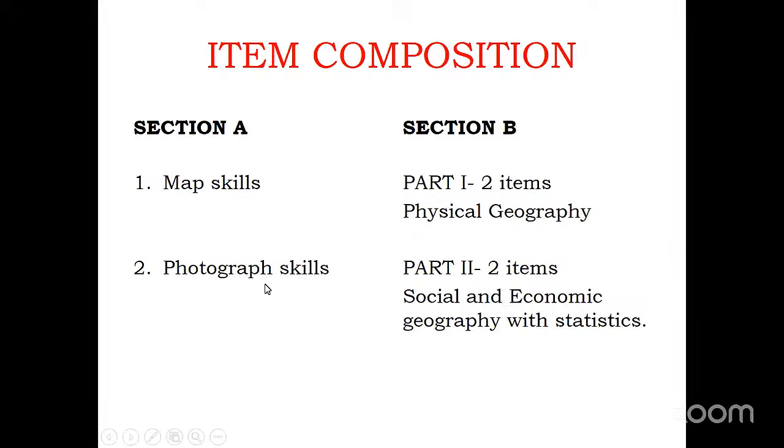The second item is the photograph skills. And photograph skills, what we use it to call photographic interpretation. It is also compulsory. This one has also some topics that fall under this element of construct too.